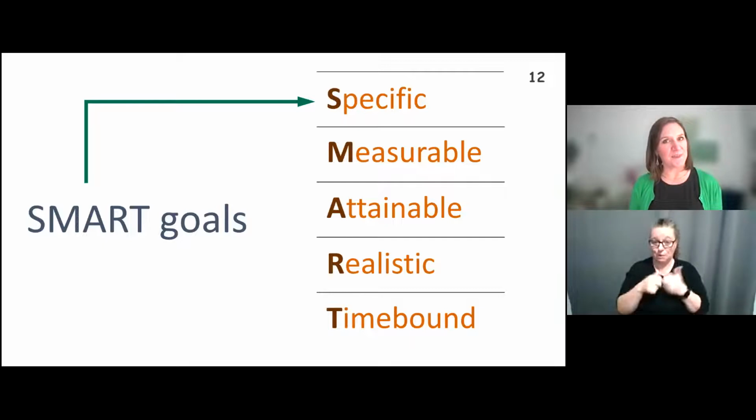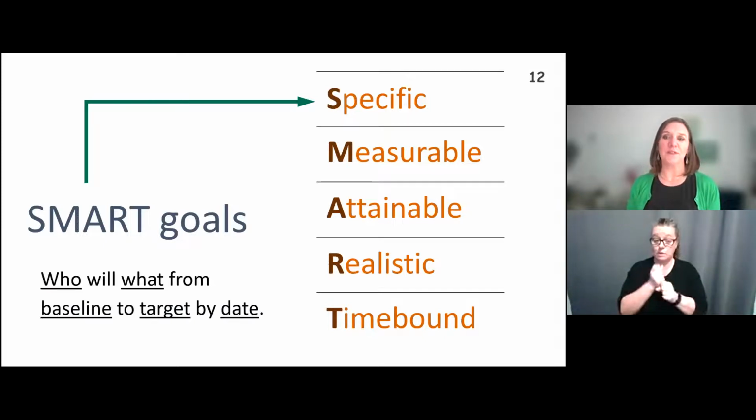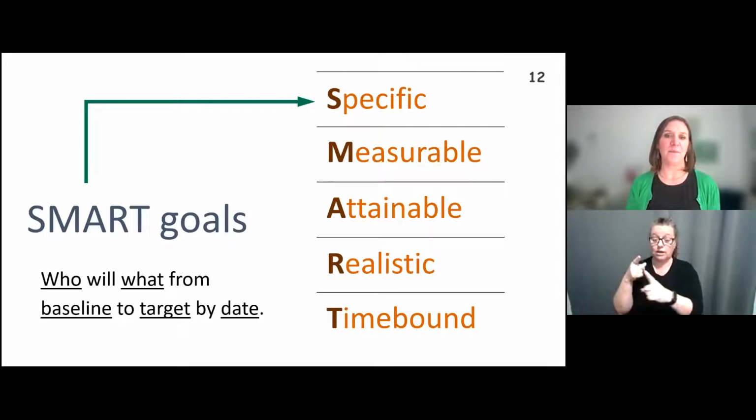And does management support this goal? And then time bound. Goals need to have a timeline. A sentence structure that I like to use when first creating a SMART goal is: who will what, from your baseline to a target by a given date.